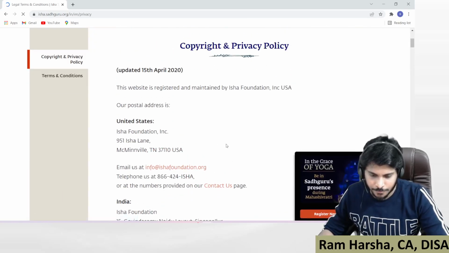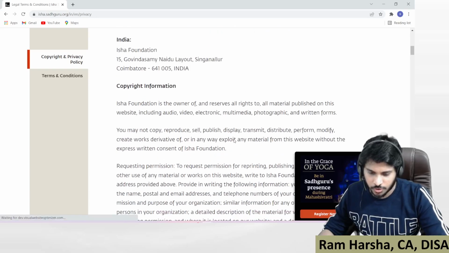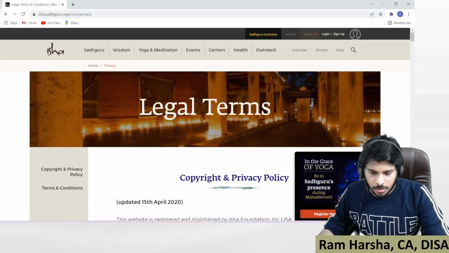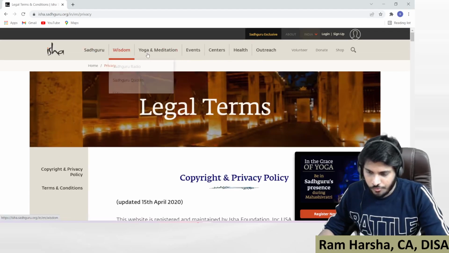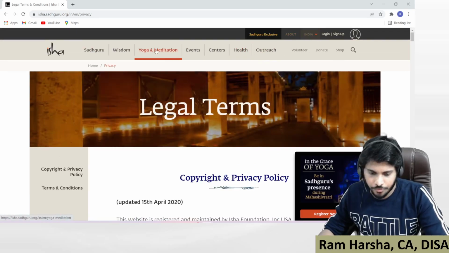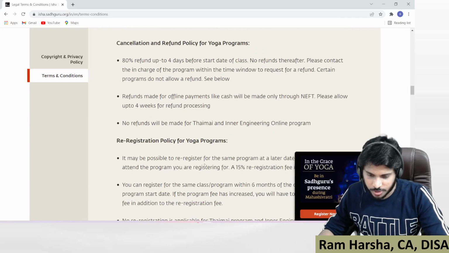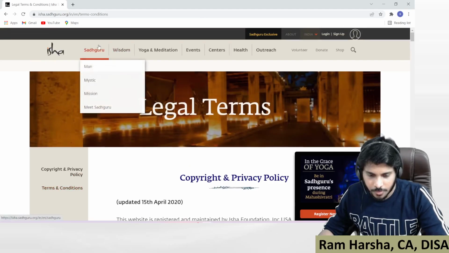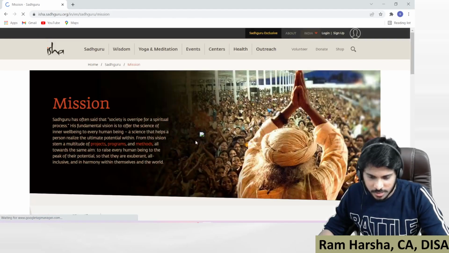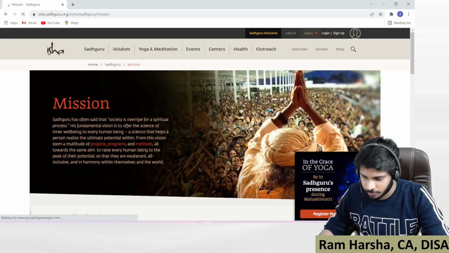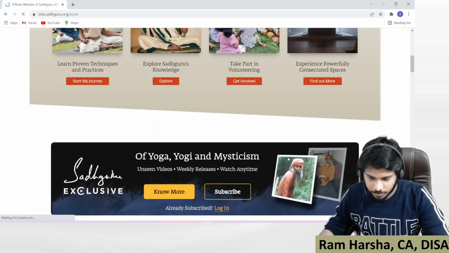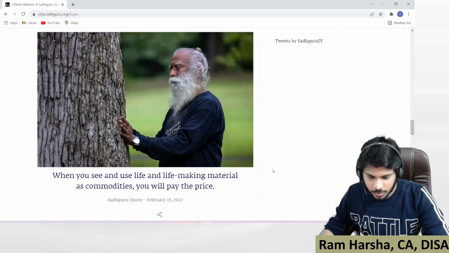So here they spoke about the website, all that. Terms and conditions, what are they? Now that's about some activities which they carry out. Mission, we'll see. We'll see below at least.